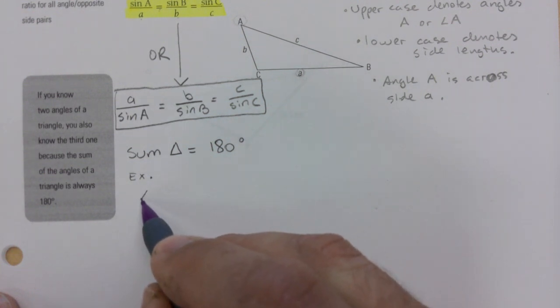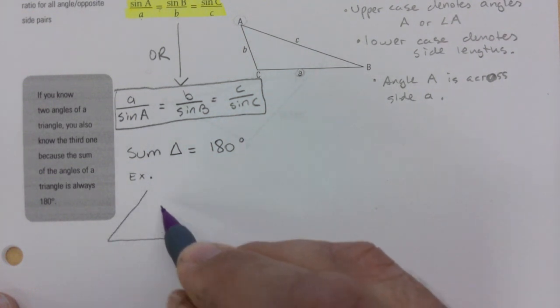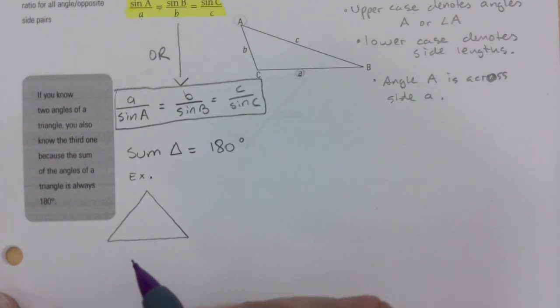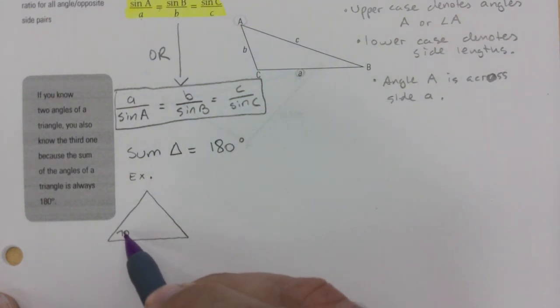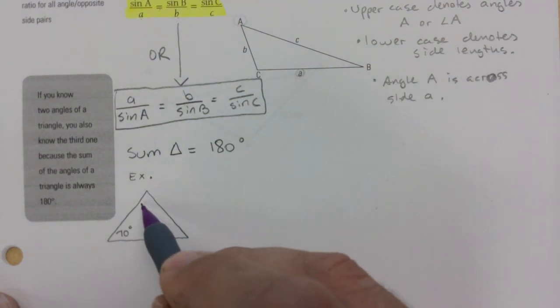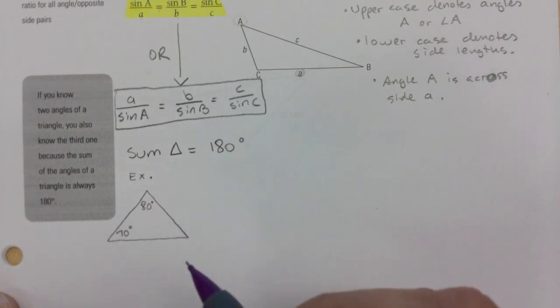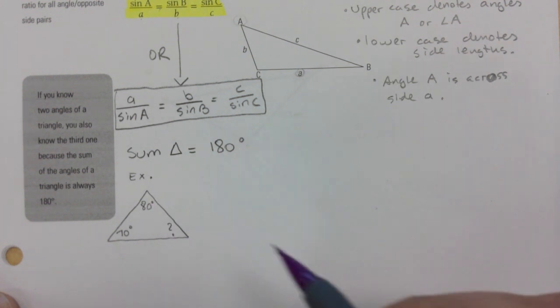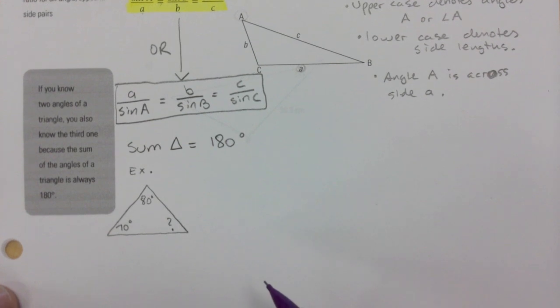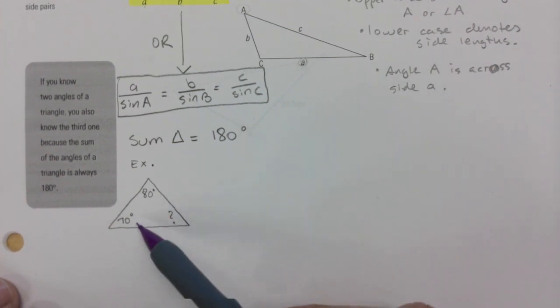Well, if you have a triangle, let's say that goes like this, not drawn to scale. None of your triangles is ever going to be drawn to scale in this chapter. So let's say you have two angles out of the three given.